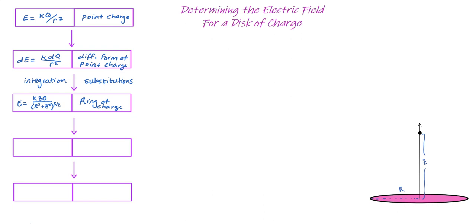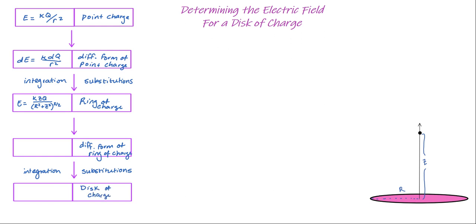So over here, again, my first step is going to be to try to get a differential form of the ring of charge equation. Then we will do substitutions to prepare this differential form for integration, and then actually do the integration, and we should have an equation for a disk of charge.